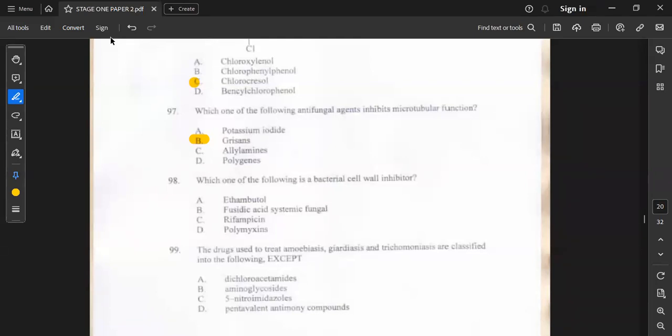Perhaps Hiral, you can tell us the exact mechanism of action of ethambutol. Ethambutol inhibits arabinosyl transferase, so when it inhibits this enzyme, it inhibits cell wall synthesis.